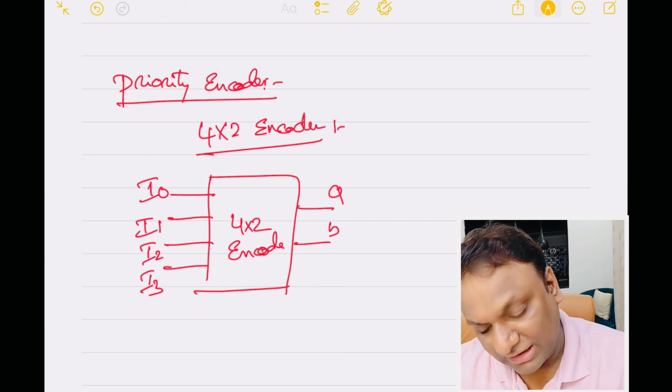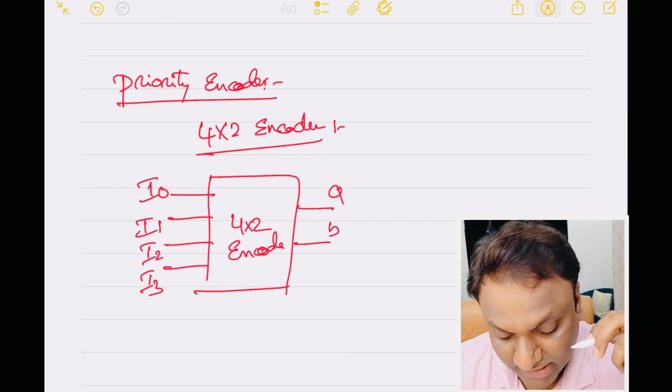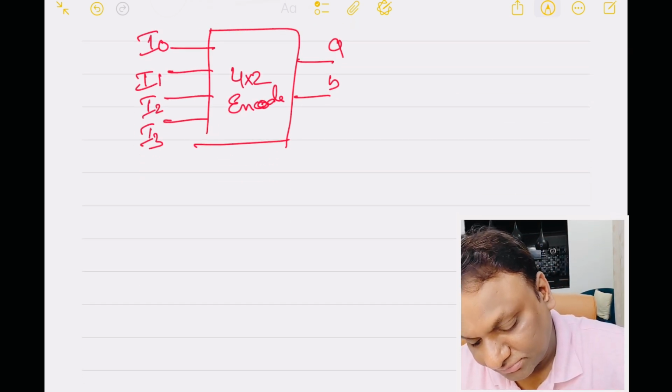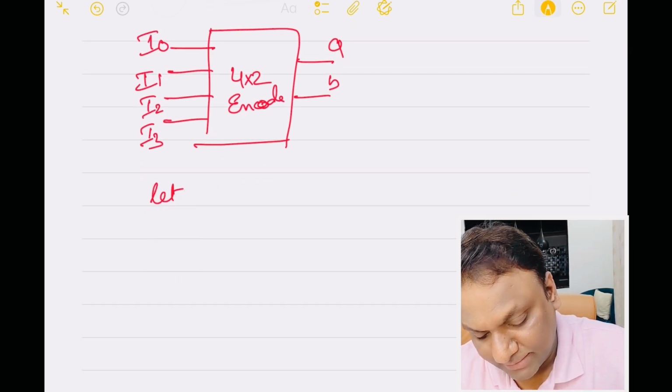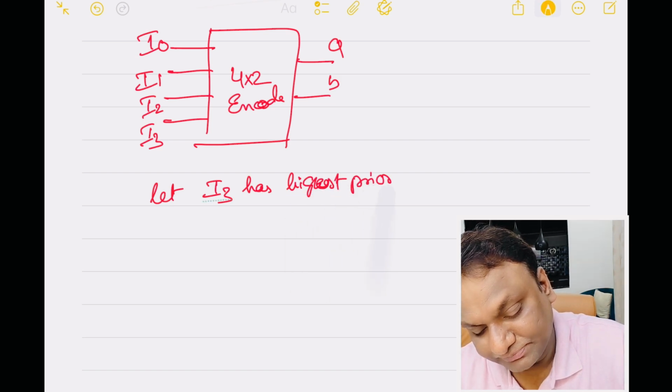Now the concept is like this. Here we will be assigning priorities to the inputs. Let us take I3 as having the highest priority.